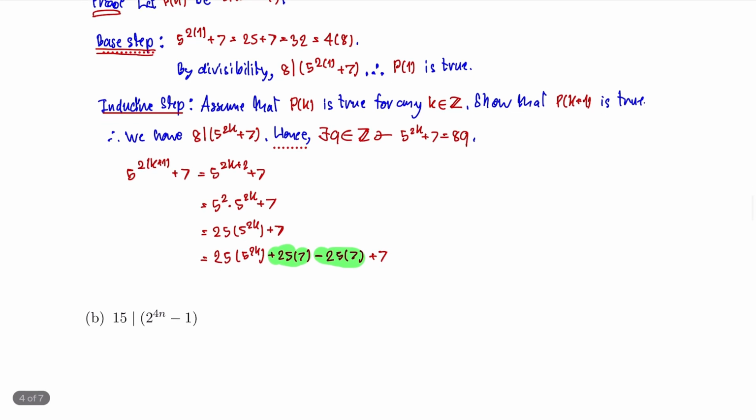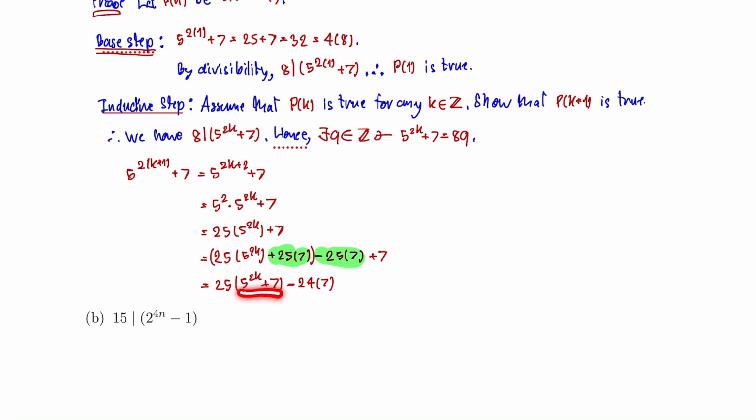Now what can we do next? What I want to do is look at these two terms right here. We have 25 as a factor, so I factor out 25, and it turns out to be 25 times 5 to the 2k plus 7, minus 25 times 7 plus 7, which turns out to be 24 times 7.